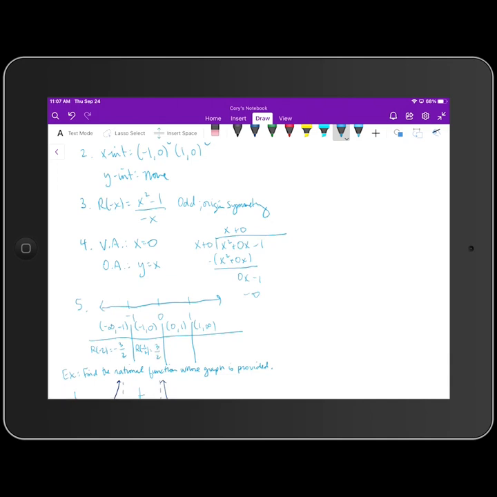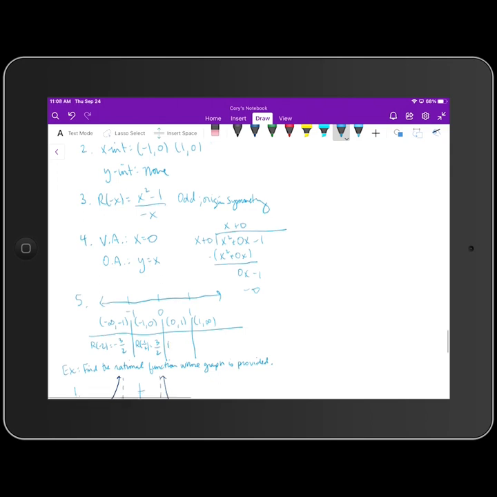On the third interval, from 0 to 1, I don't want to pick r of 1/2, because if I know what r's value at -1/2 is, and I know that the function has origin symmetry, I can take the opposite of both of those coordinates, and that's going to give me r's value at 1/2. So what I'm going to do instead is pick r's value at 1/4. Okay, so when we pick r's value at 1/4, I got that to be -15/4.